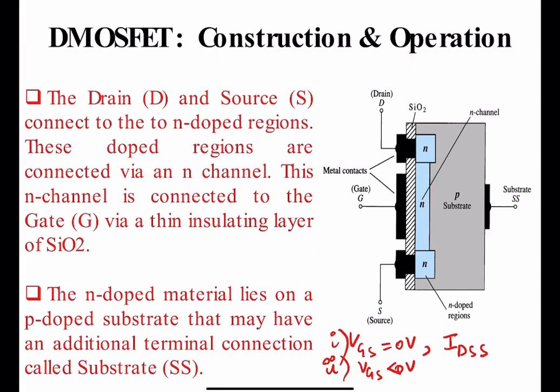A level of recombination between holes and electrons occurs, which reduces the free electrons for conduction between source and drain. It means the more negative the potential at the gate terminal, the greater the rate of recombination and the drain current will reduce. We can say drain current reduces with the increase in negative bias of gate source voltage.